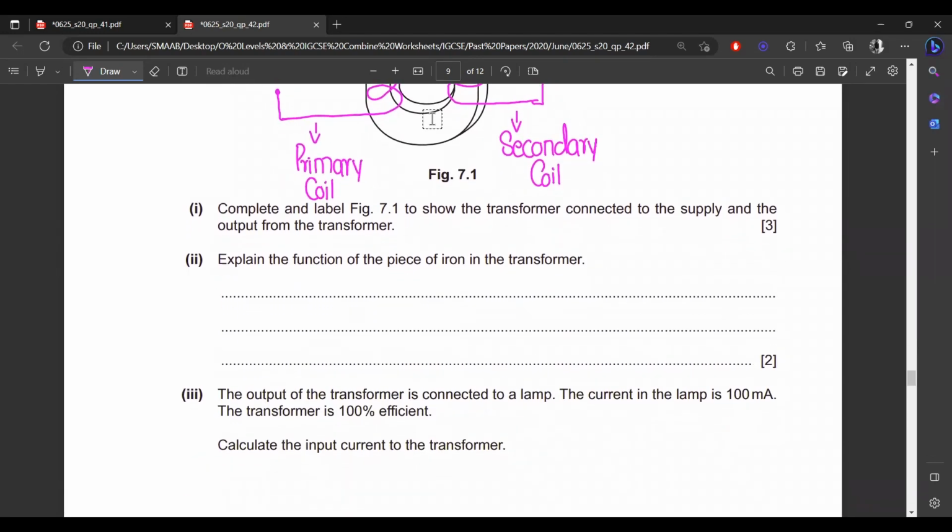Okay. Explain the function of the piece of iron in the transformer. To transfer magnetic field. Yes. To transfer or to link magnetic field between primary and secondary coil.